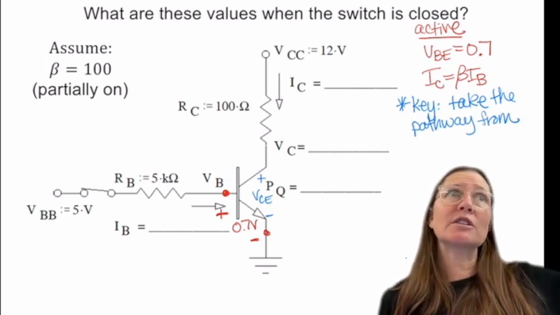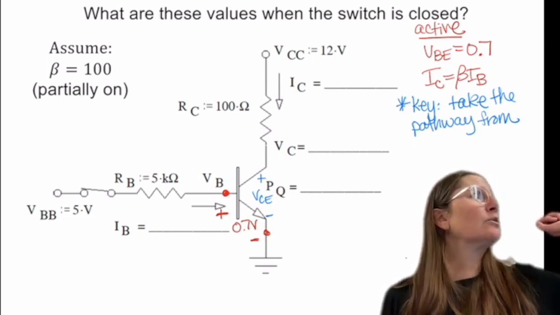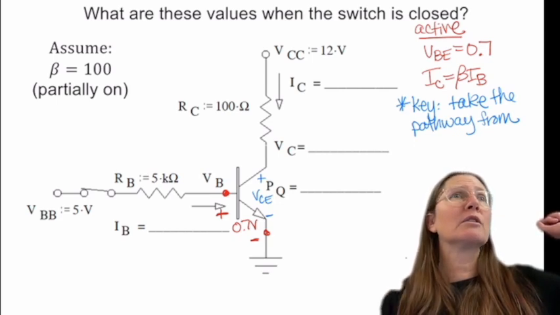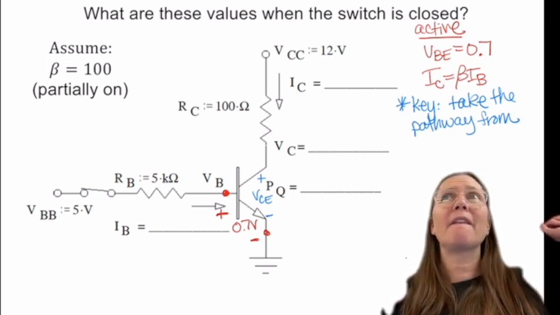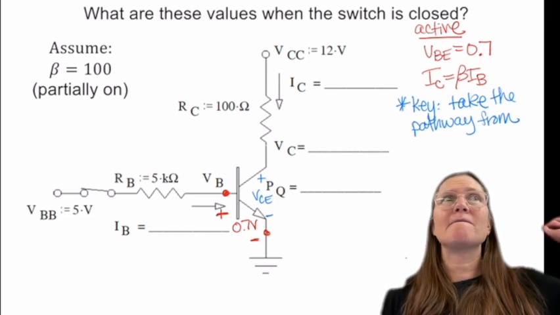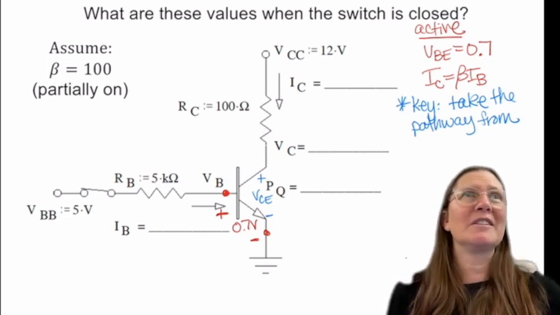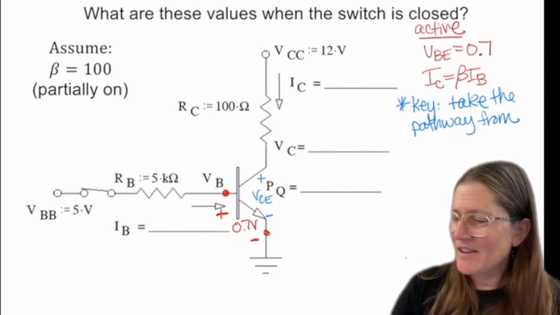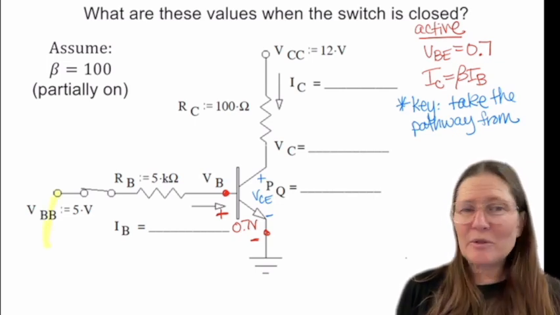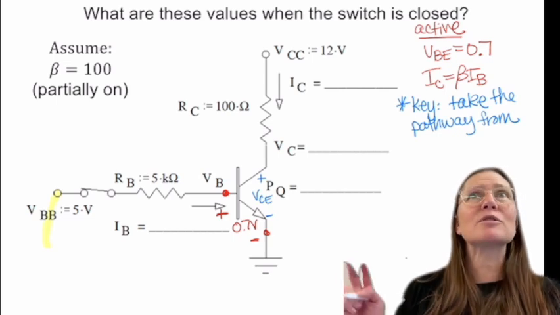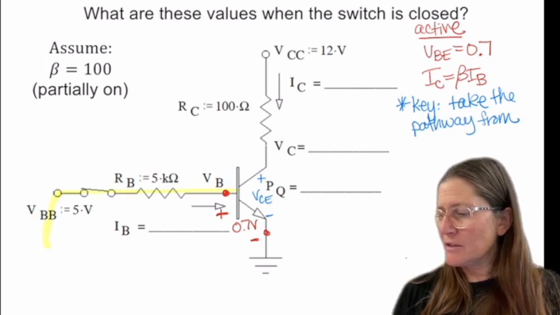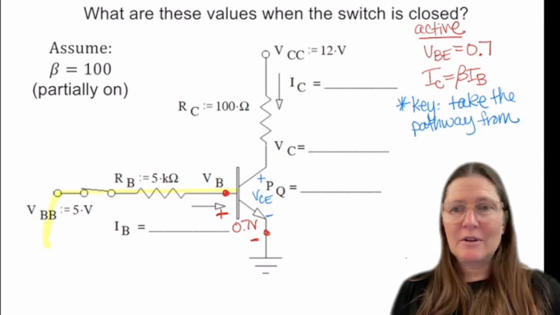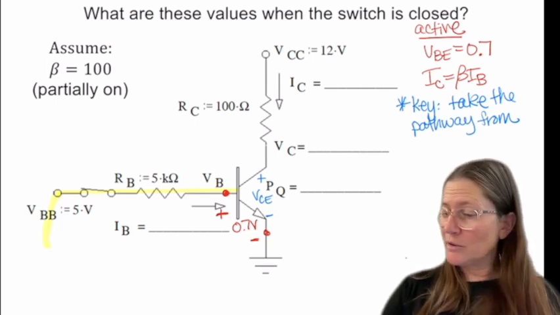So instead, where's your pathway where you know a number? This goes from here to here, right? From ground to that point is 5 volts. Then I have a choice of going up, but again, I don't know those values either.